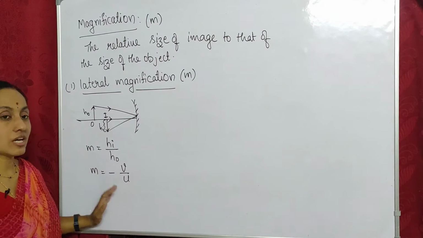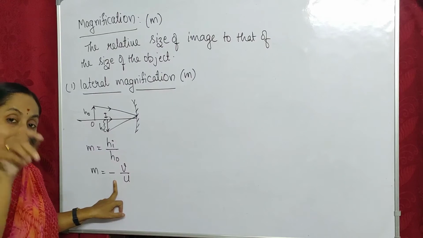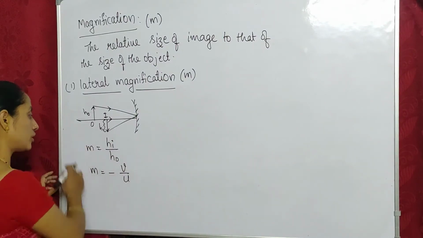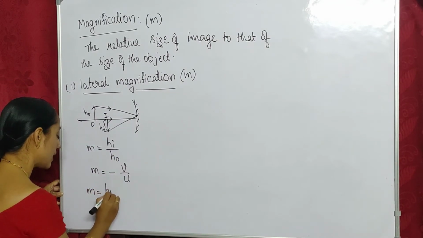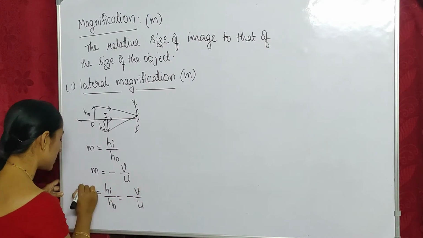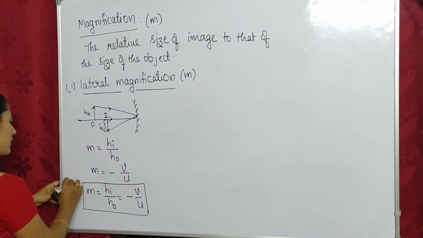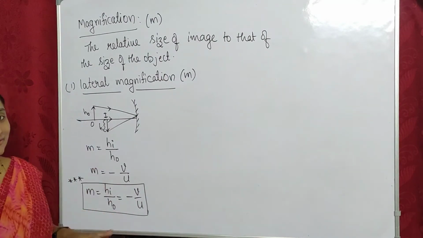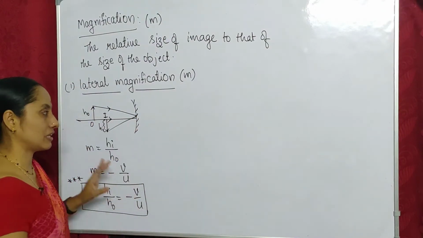In case of mirrors, for magnification, we will have a negative symbol when we write in terms of image distance and object distance, not here. So on comparison together, I can write m is equal to hi by ho is equal to minus v by u. This is the formula for magnification, and this is what we will be using the most. I have put 3 stars, so more important formula. So in questions, magnification refers to this.